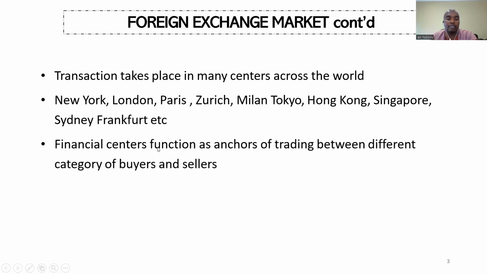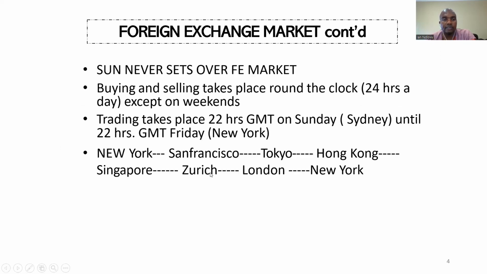So financial centers function as anchors of trading between different categories of buyers and sellers. The sun never sets over this foreign exchange market. The buying and selling takes place round the clock, except on weekends, because at any given time, it will be daylight in another part of the world.